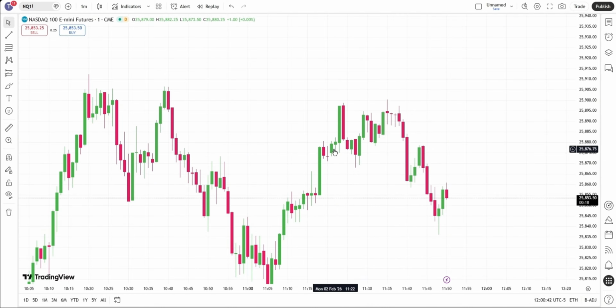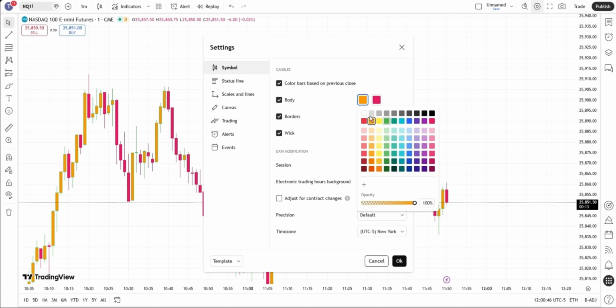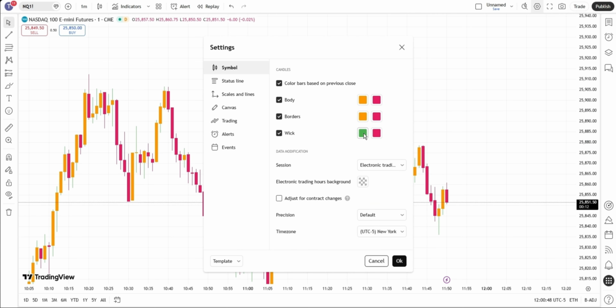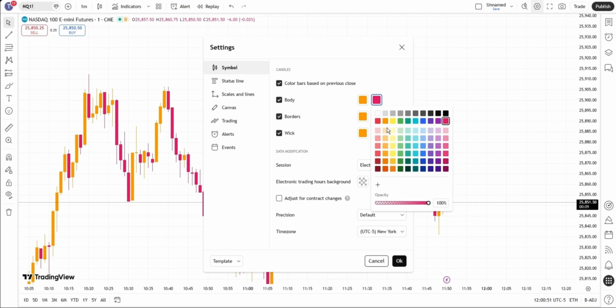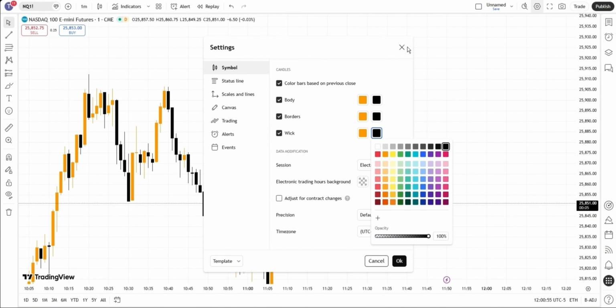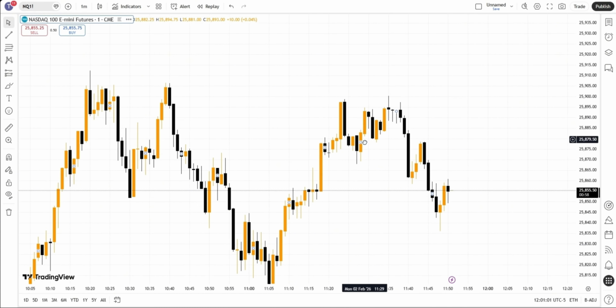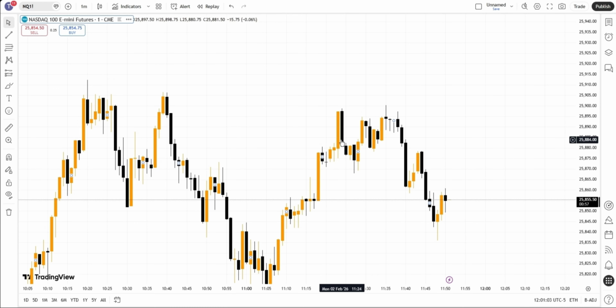Keep in mind, this green candle, I'll change it in my settings to orange, and you can change it to whatever you want. And these red candles, I'm gonna change to black. So in my chart, the black candle is the down candle, and the orange is the up candle. So this one here is called a candle, by the way.